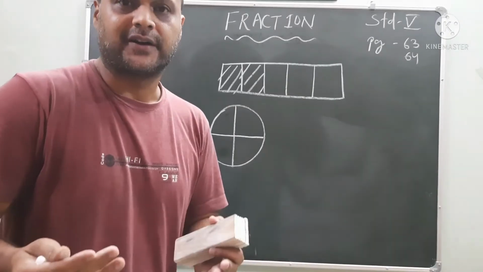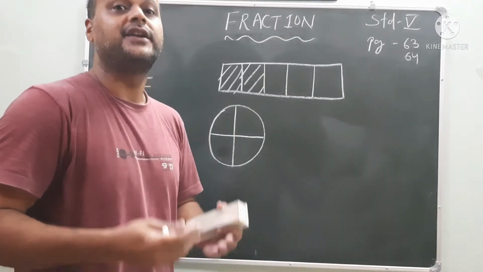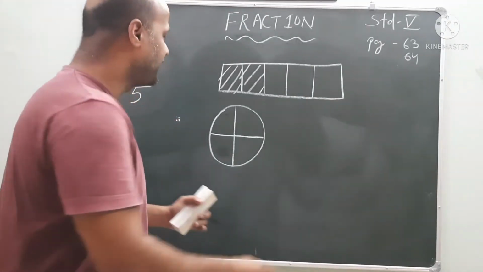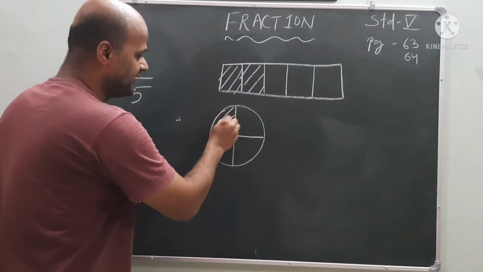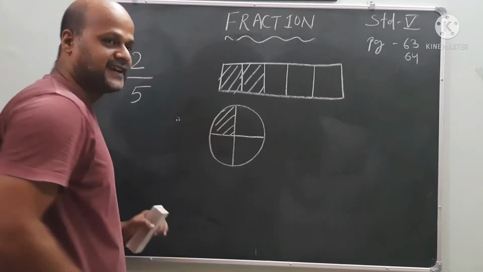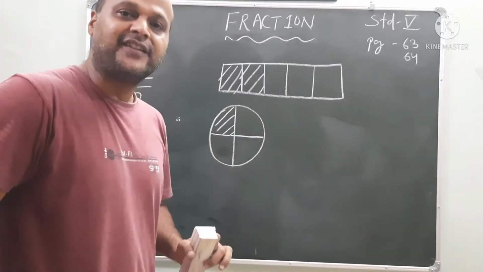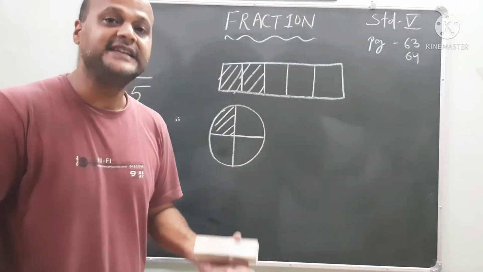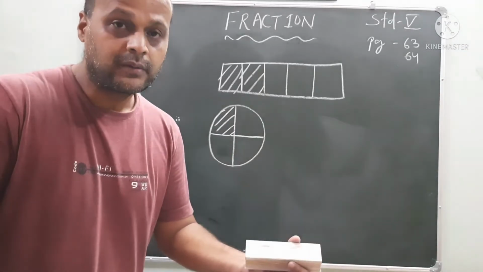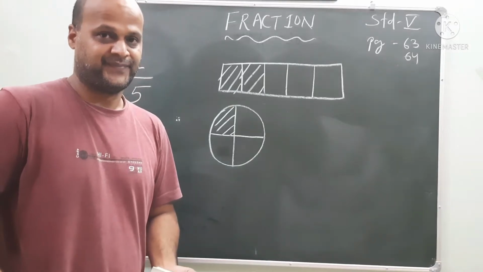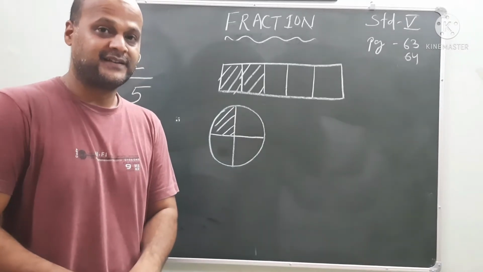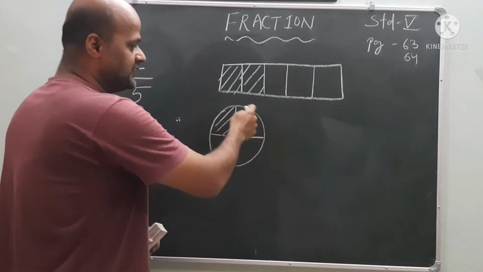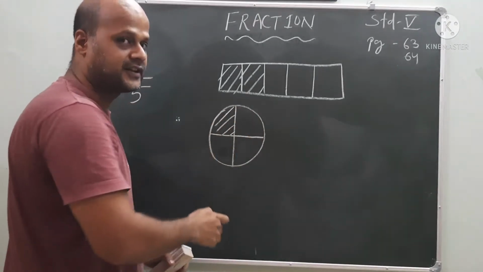Before your father came and gave the pizza to you, your brother ate 1 piece. Now you just tell me what fraction of pizza is eaten by your brother. Tell me. Yes. First you have to think, how many parts did your father make?